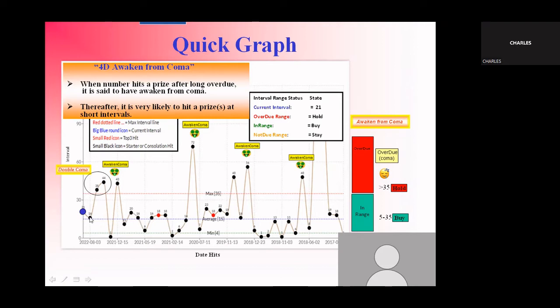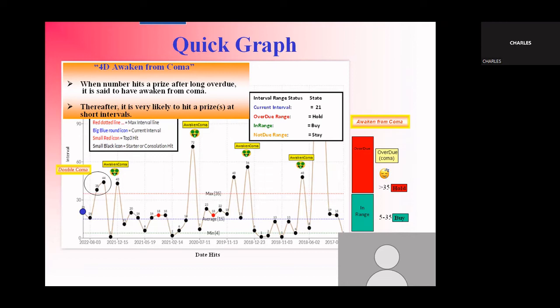You still can make some money. Okay. By the way, this example I use the number 0158. This is an example of the hits and the line charts and awaken from coma from this number 0158.